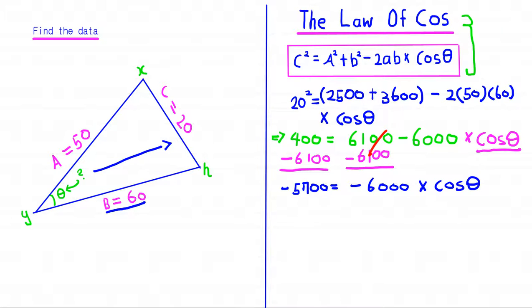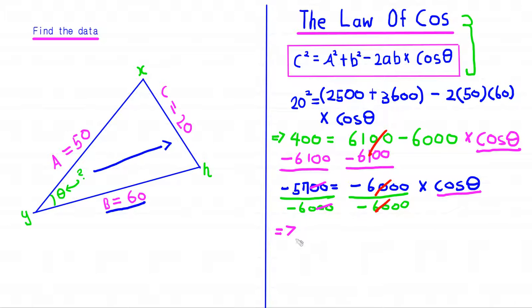We also need to isolate cosine theta right over here, and the way to isolate cosine of theta is to divide both sides by negative 6,000. On the right side the negative 6,000 cancels out, and on the left side we can simplify by removing zeros.